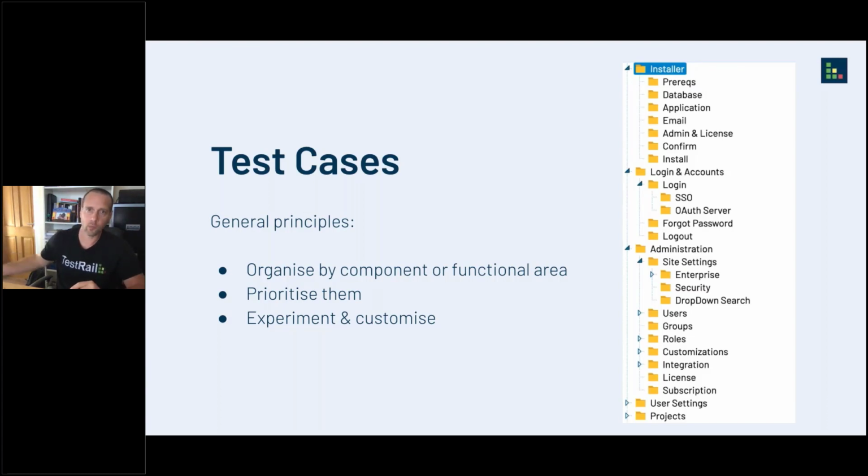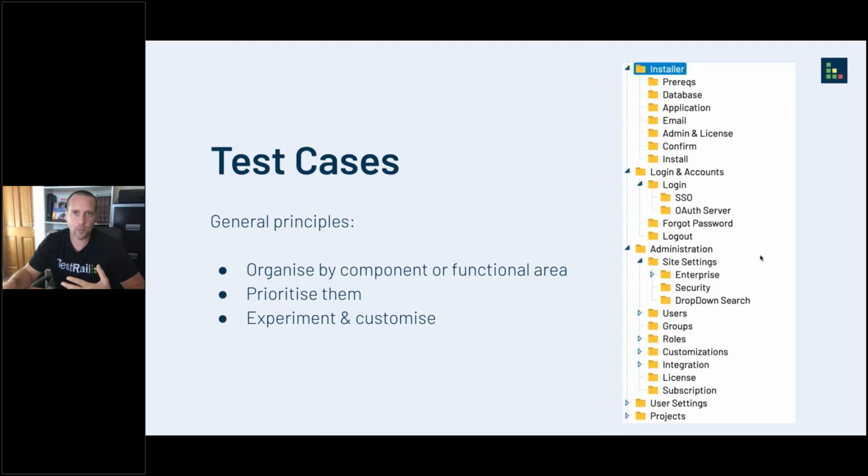No matter what development methodology or template you're actually using for your testing, when it comes to organizing your test cases in TestRail, I think there's some general principles that you should follow and that we've found work for TestRail customers over the course of time.